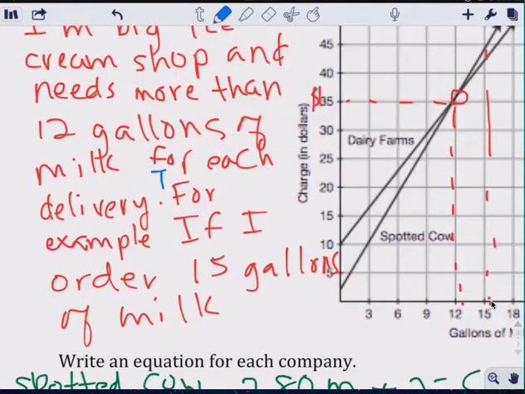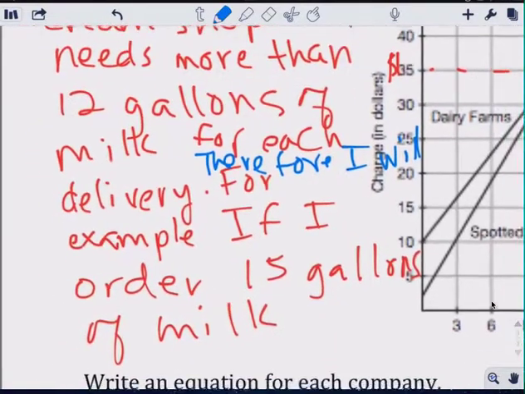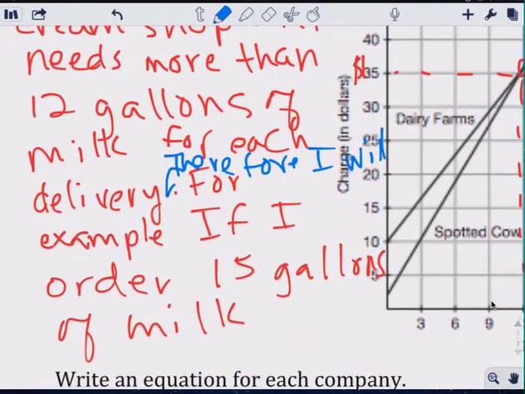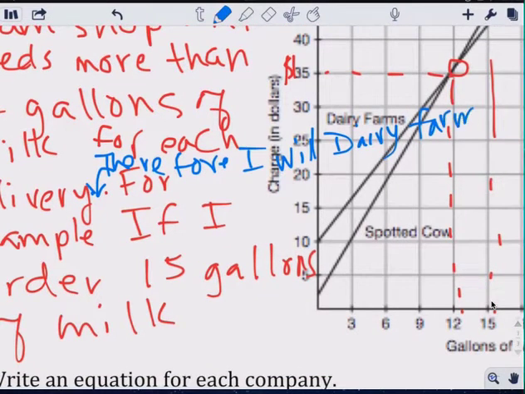Therefore, I will choose Dairy Farm right here, okay? Therefore, I will choose Dairy Farm. All right.